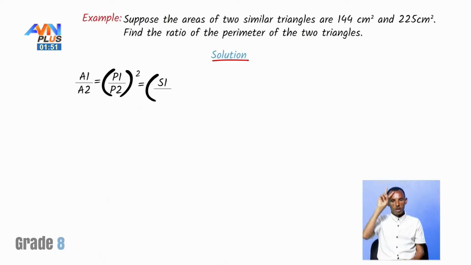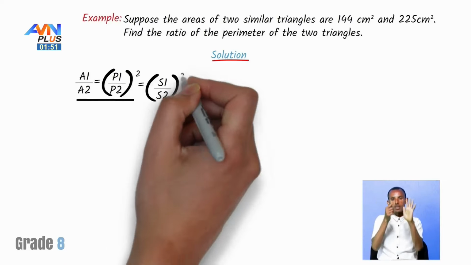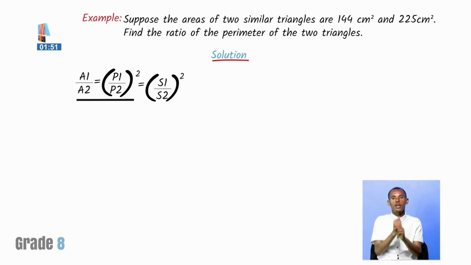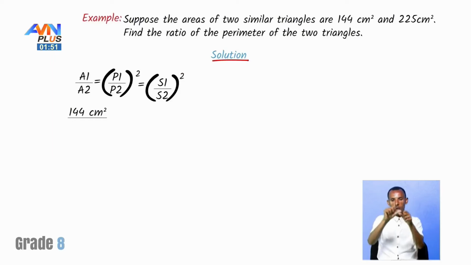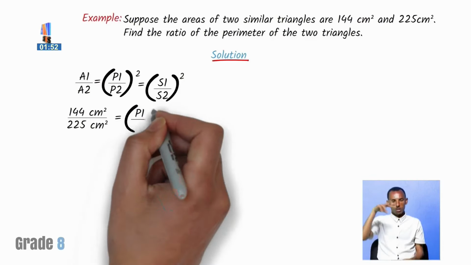For this specific example, we need the first two cases. So area 1 is 144 centimeters square, and the second area is 225 centimeters square. This must be the same as P1 by P2 the whole square.